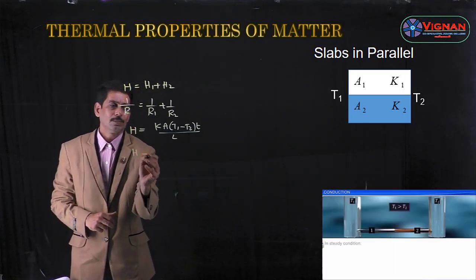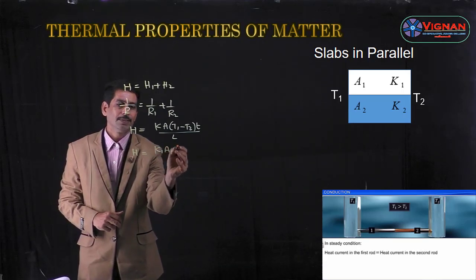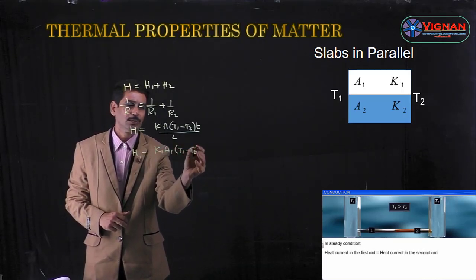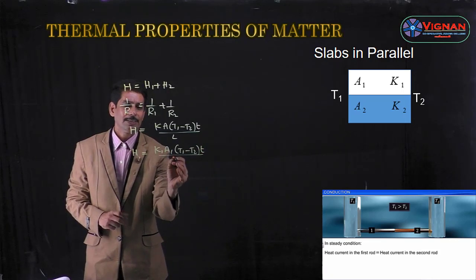For the first slab, H1 is K1 A1 (T1 minus T2) into t by L, since the length is the same for the two slabs.